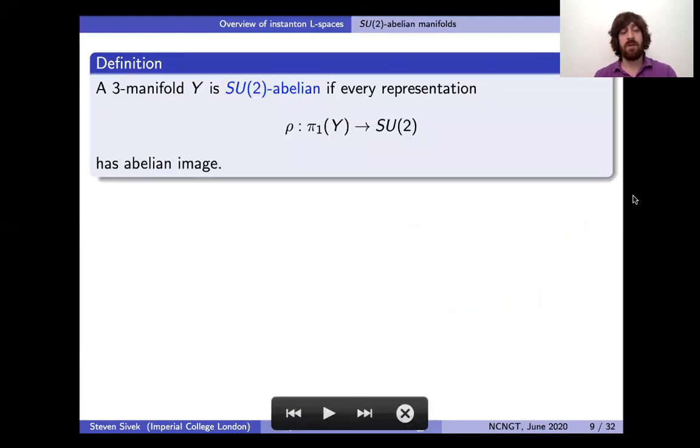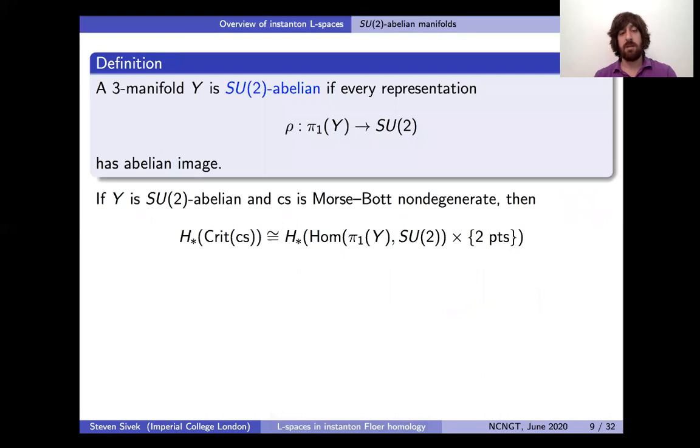So with that in mind, we define a 3-manifold to be SU2 abelian if every representation from pi1 of Y into SU2 has an abelian image. In that case, well, we might not have a discrete set of SU2 representations, so we might not be able to define the Morse complex, but we can do the next best thing if it's somehow Morse-Bott.